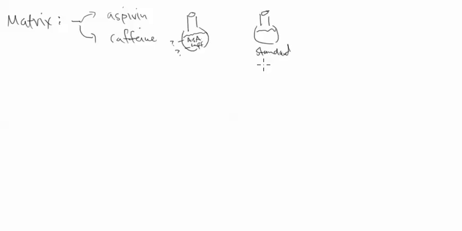I know that I'm going to be making aspirin, so I want to make an aspirin standard, right? And then I also know that I'm going to be looking for caffeine, so I want to make a caffeine standard as well. So there's the first step that I have to take in this laboratory procedure. So take a look at your components, make standards of those components.